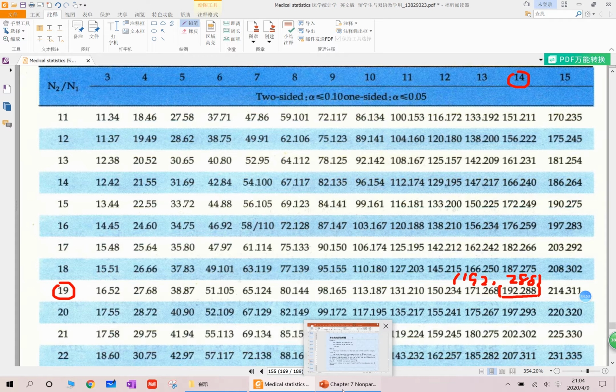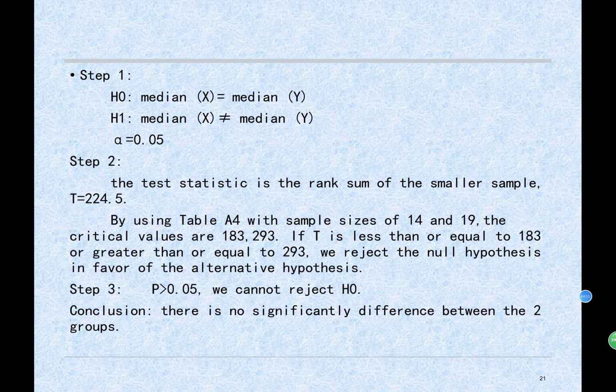Okay, let's go back to our slide. We have already found the critical range from the table A4, 183 to 293. And then it's similar to what happened in the first method.